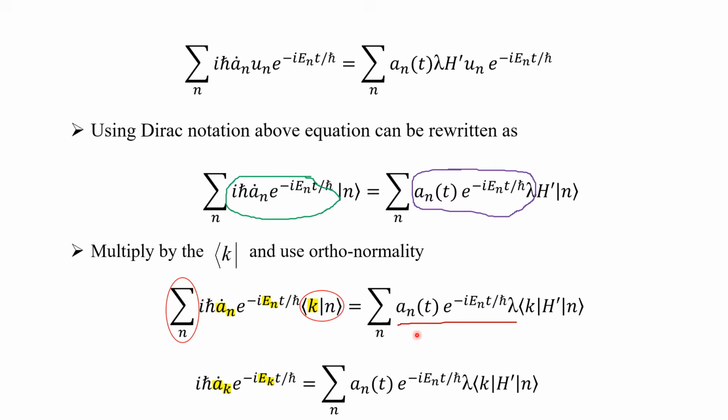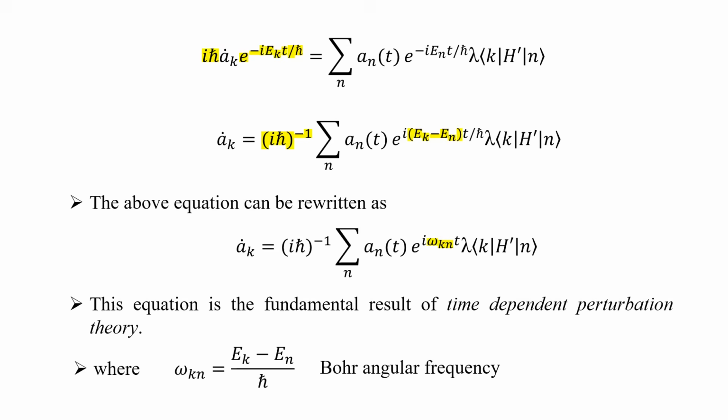And you come to the right hand side. As I said, these are numbers, so I can interchange them from the right hand side or left hand side of this product, that is bra k H prime ket n. Finally, we arrived at this expression.